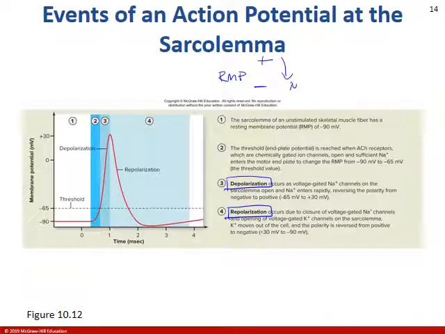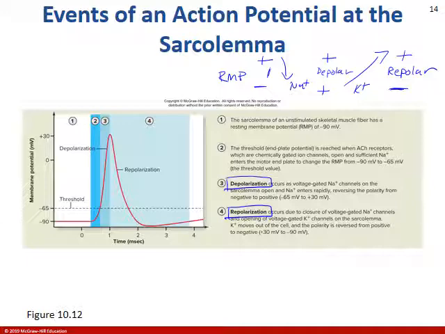We open the sodium-only gates and sodium comes inside. So what happens? The outside is still positive, there's still tons of sodium out there, but now we have a positive inside the muscle fiber cell. So polar meant opposite, so depolarized means both sides are positive right now. We've depolarized the muscle fiber cell membrane. Then we kick potassium out and we bring the inside back to negative. So we call this repolarization.